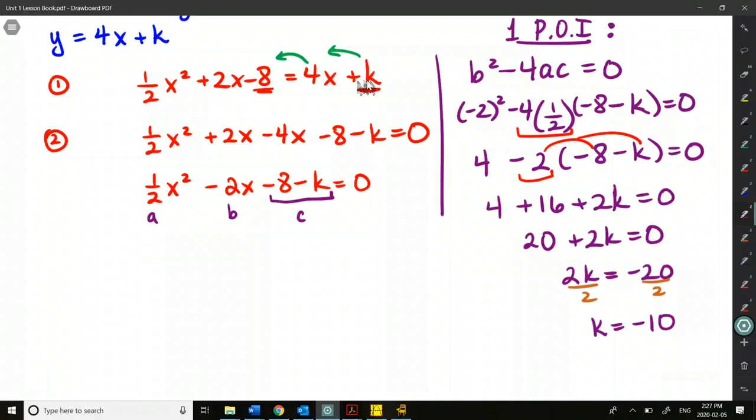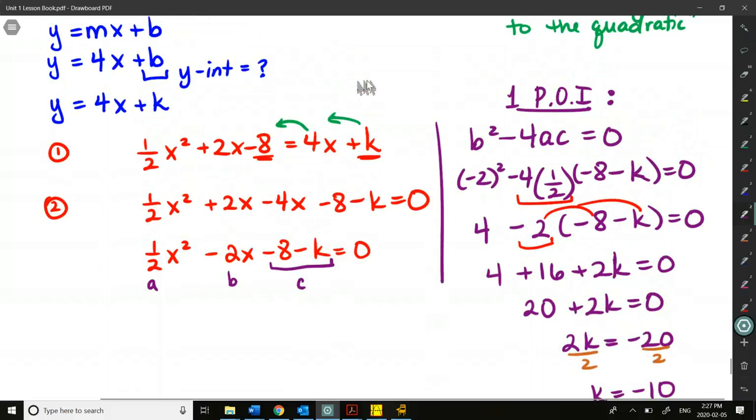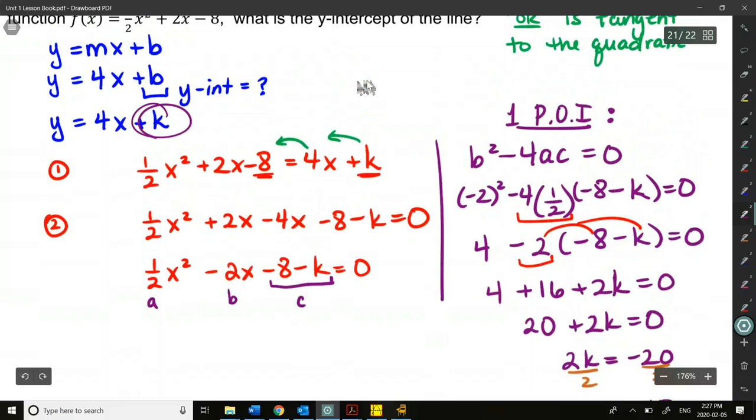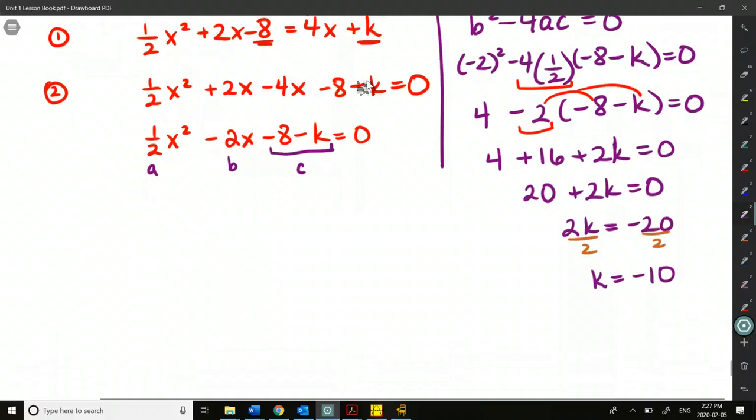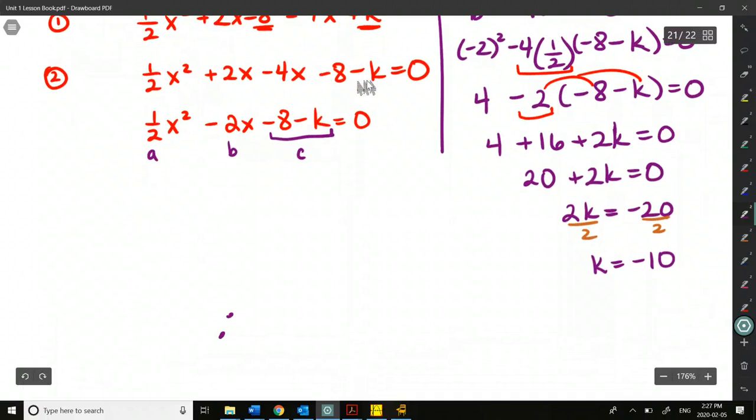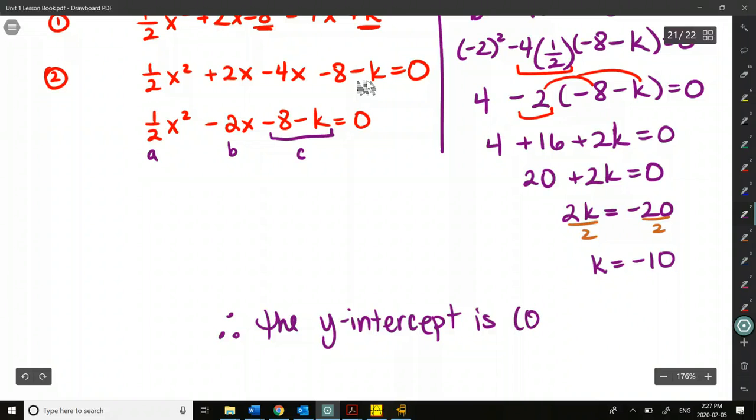And we get k equals negative 10. That's the y-intercept. We just found it, right? Because we let our y-intercept be k. So our y-intercept is negative 10. So that would be the point 0, negative 10.